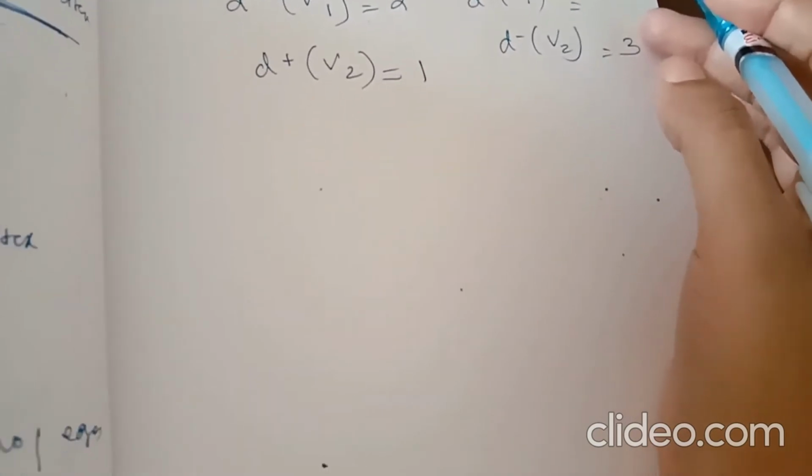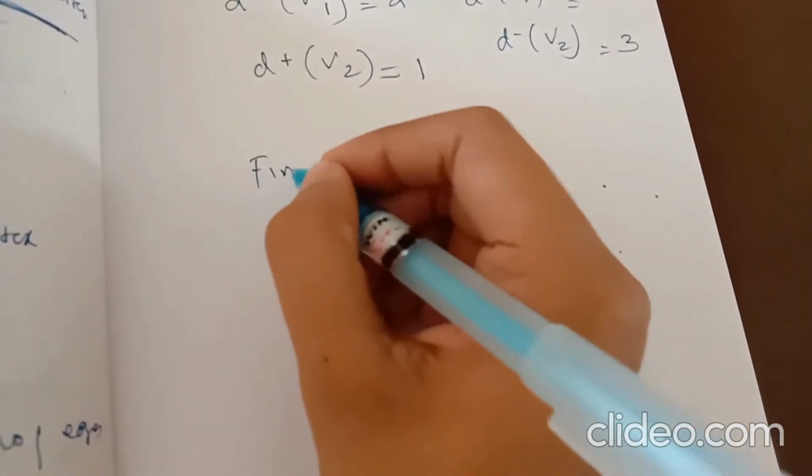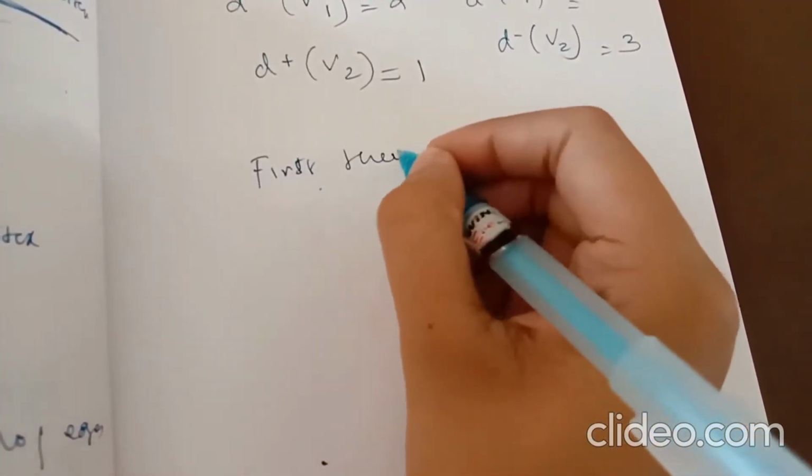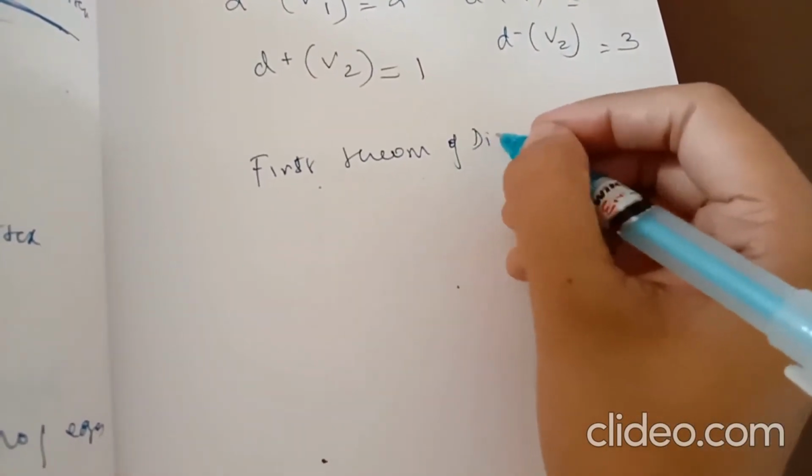There is a property called the first theorem of digraph theory. What is this property?